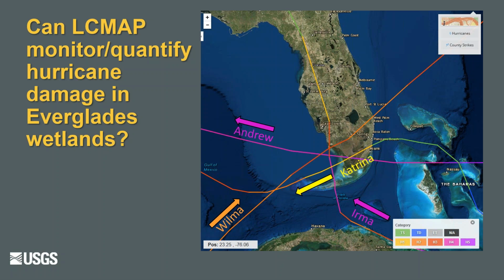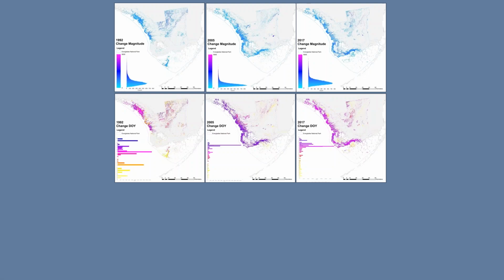Excuse me, I'm pulling out my notes on this. There are different wind directions, whether a hurricane came from over land or over water, which leads to differences in storm surge and things like that. But all of these major hurricanes are detected in LCMap.